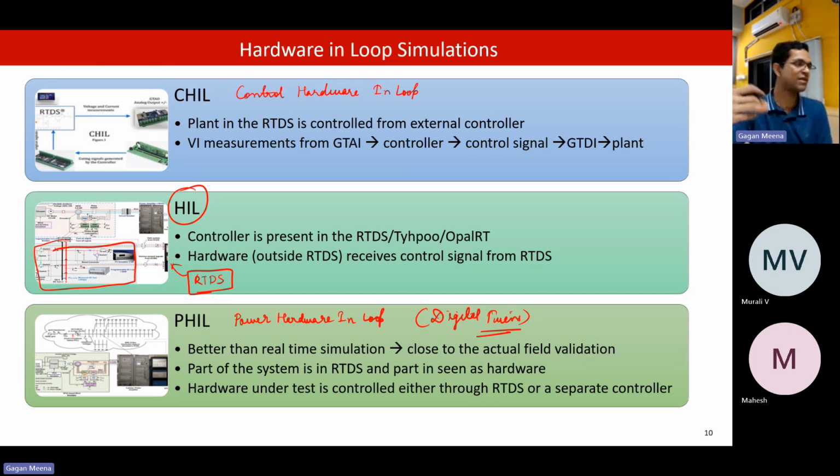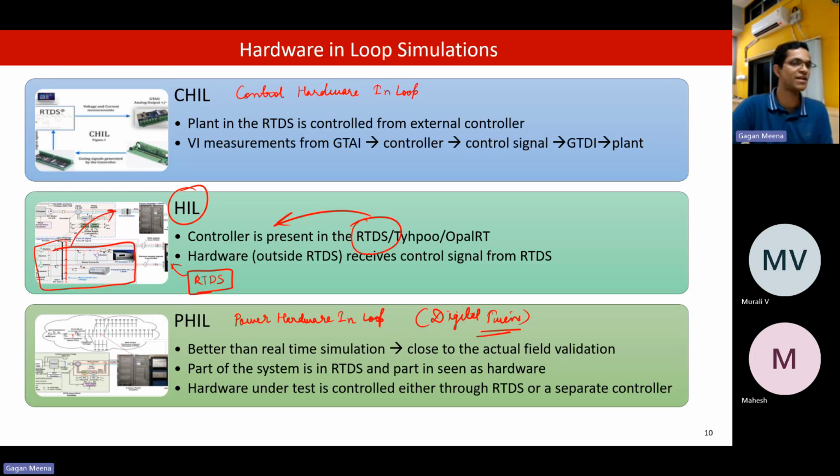Whatever algorithm we have designed for centralized or decentralized control of the microgrid, we can check whether it is performing well by designing the control algorithm within RTDS. The algorithm is in RTDS and it takes input from this microgrid.